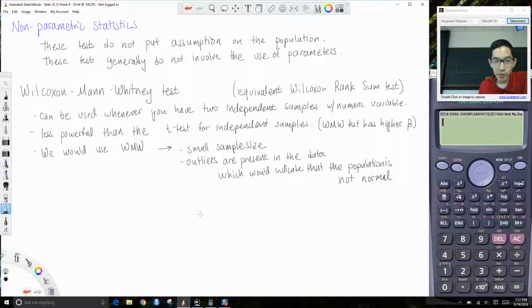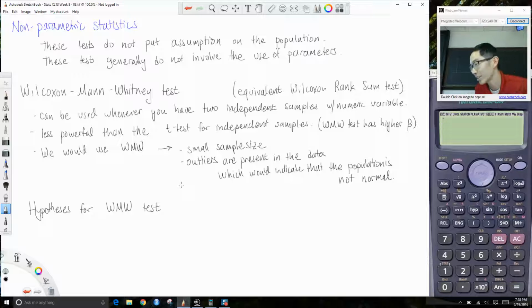So with the Wilcoxon Mann-Whitney test, the hypotheses don't use mu, okay? It doesn't use any kind of parameters or things like that.